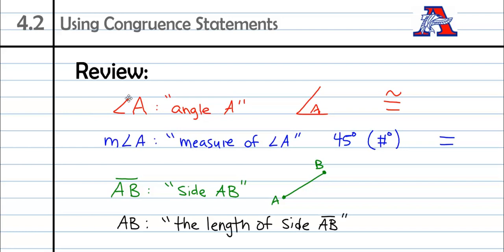A similar idea: if you want to say that side AB is the same as another side, maybe from a different triangle, you would use the congruent sign, whereas if you saw just AB, you would use an equal sign, because the answer there is a number. Hopefully that will help with the rest of this lesson.